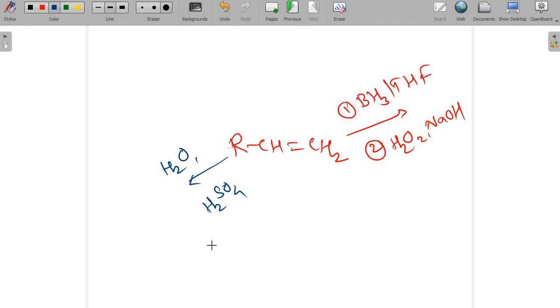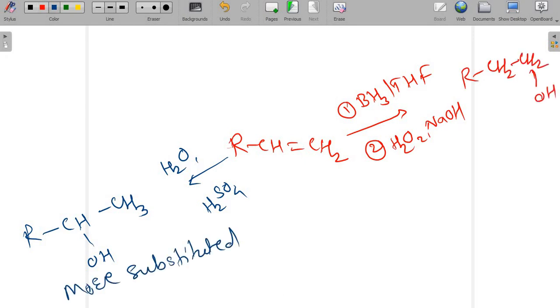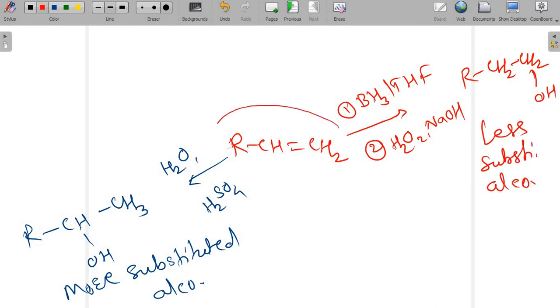These are the 2 different reactions in which we are going to prepare alcohol from alkene. In overall reaction, there is an addition of water molecule across the carbon-carbon double bond. So what is the product here? That is RCHOHCH3, and here you will get the product, that is RCH2CH2OH. Here more substituted alcohol, and by using hydroboration oxidation, less substituted alcohol is obtained as a product from this alkene.